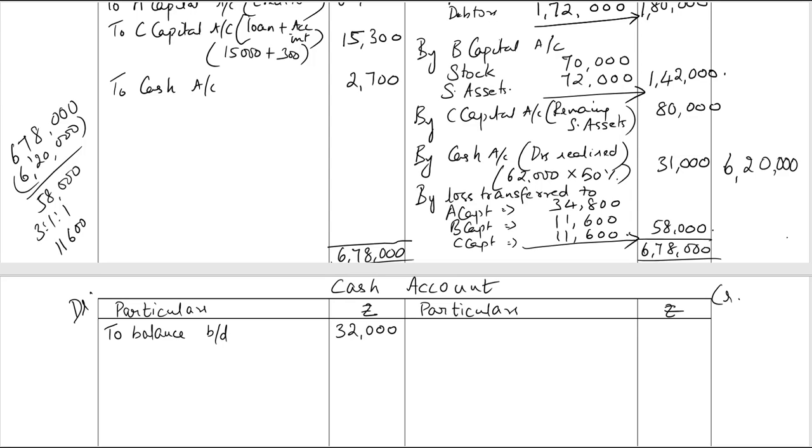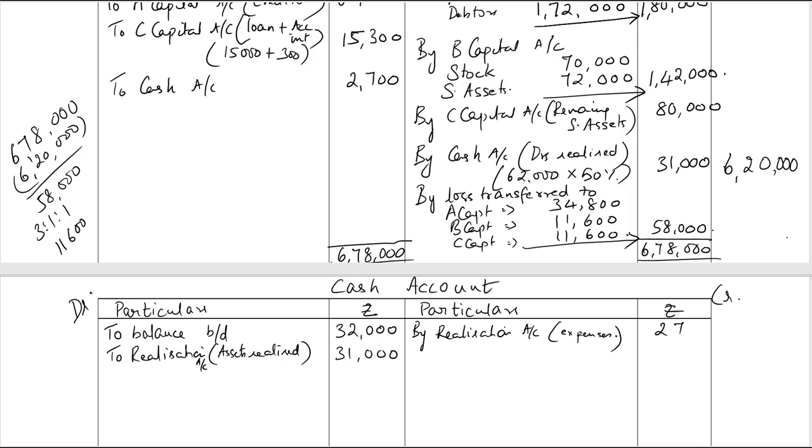On the credit side of the realization, from sale of debtors, we have realized 31,000 rupees to realization for the assets realized, ₹31,000, and for expenses on realization by realization account, for the expenses 2,700 rupees.